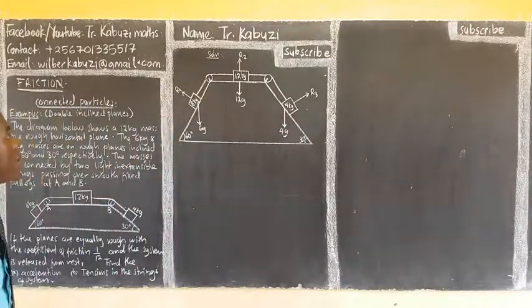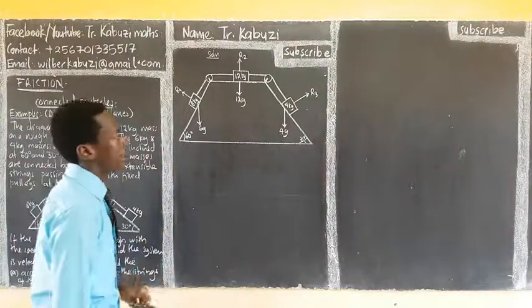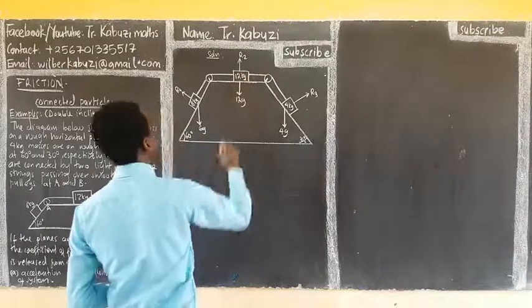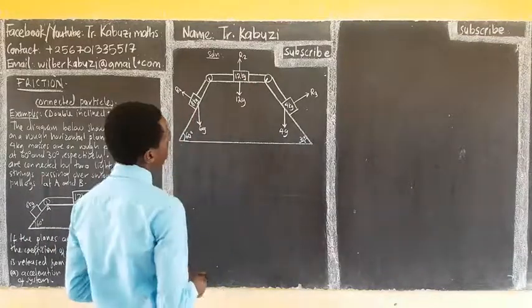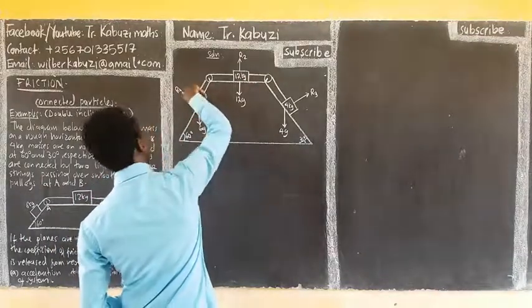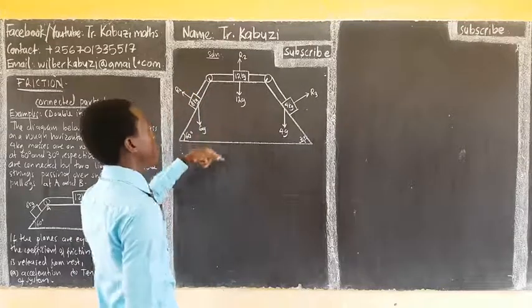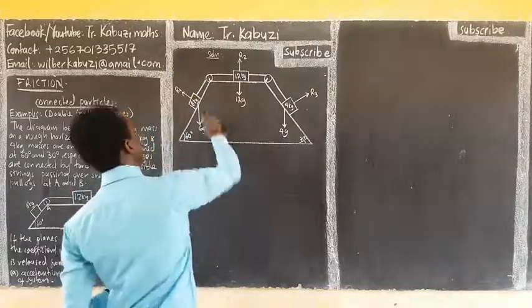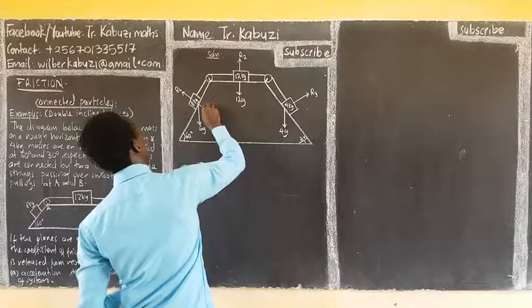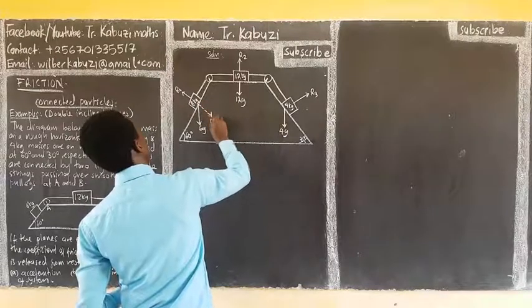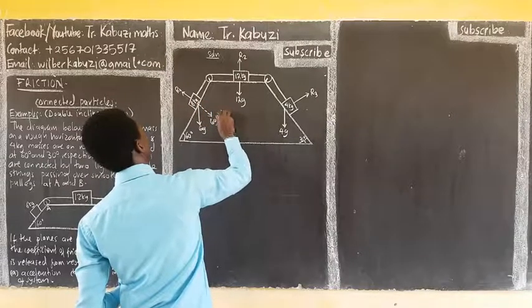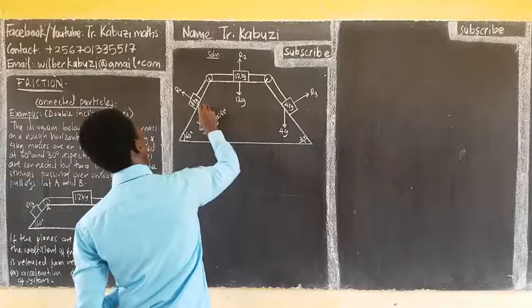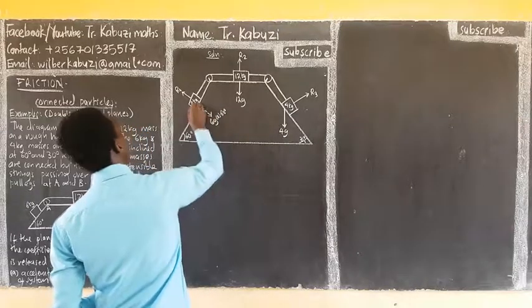After putting the weights at the resultants, we now resolve those weights. So resolve this weight into a force perpendicular and a force parallel to the plane. So this will be now 6G cos 60 degrees, because this is going to be 60 degrees.